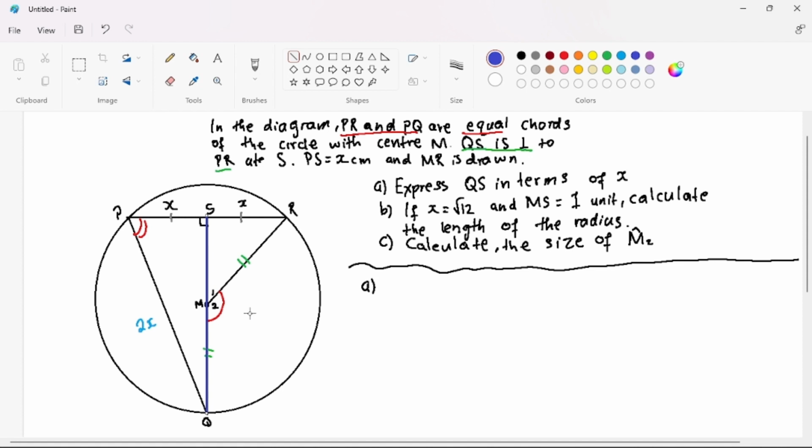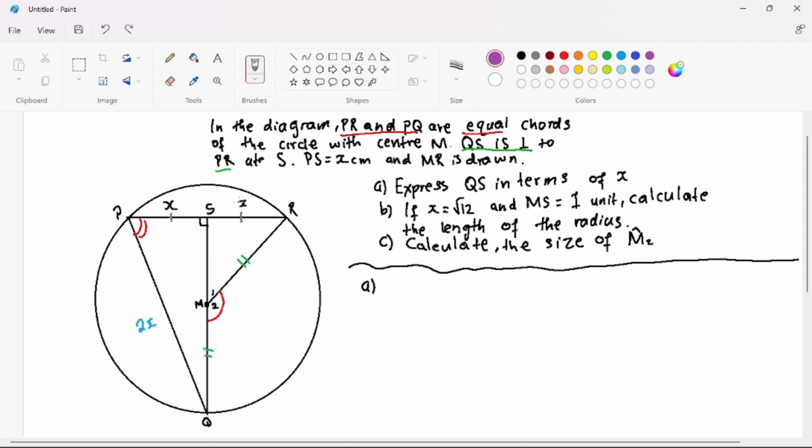But we can see that QS is actually a part of this triangle QPS, right? Meaning that we can simply use our Pythagoras theorem, right? So what can we do? We first have to, I actually made a mistake here.